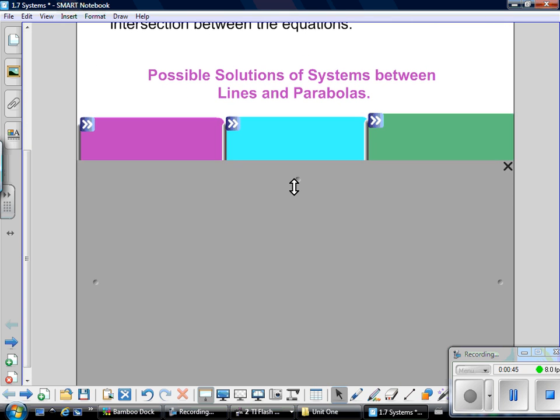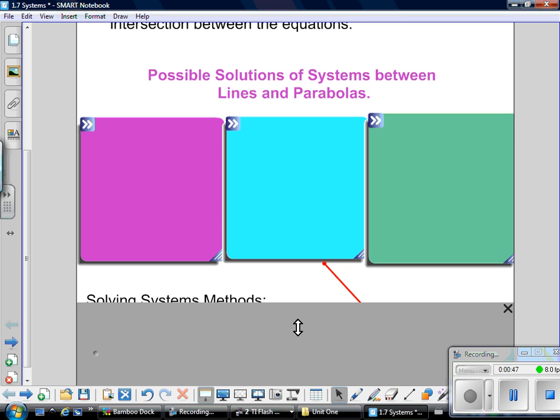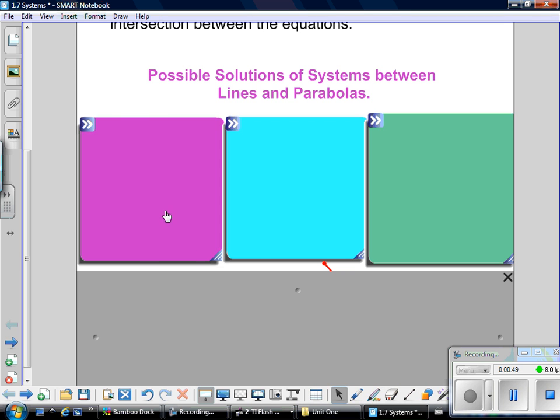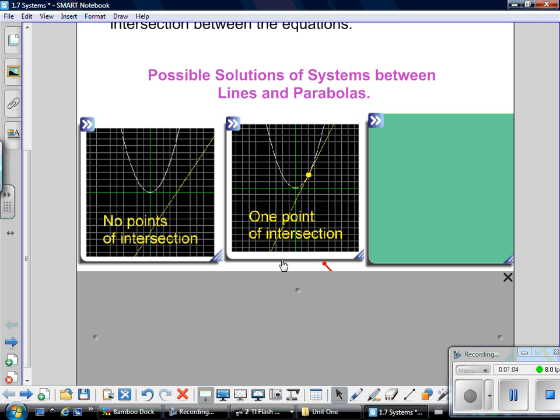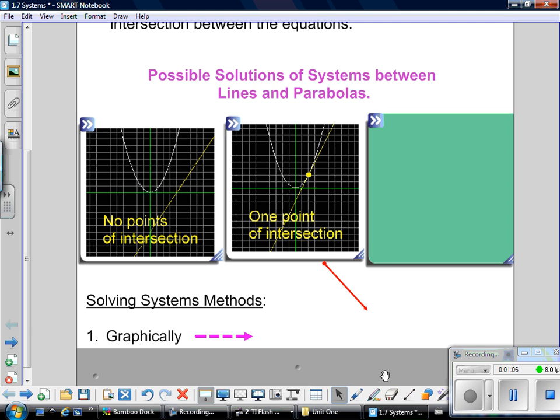So these are the three different possibilities. The one possibility is there's no points of intersection. In other words, you have a line, you have a parabola, they will never cross each other. The other possible solution is you have one point of intersection, and that's called a tangent line, so it touches just at one point on the parabola.